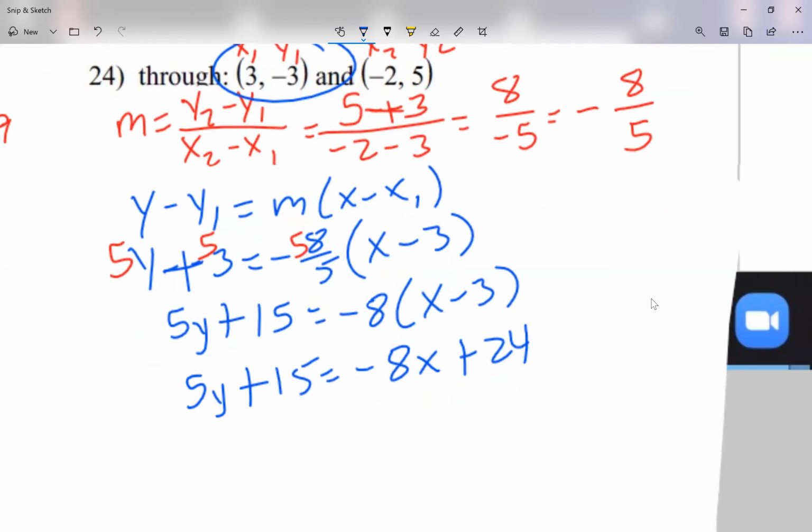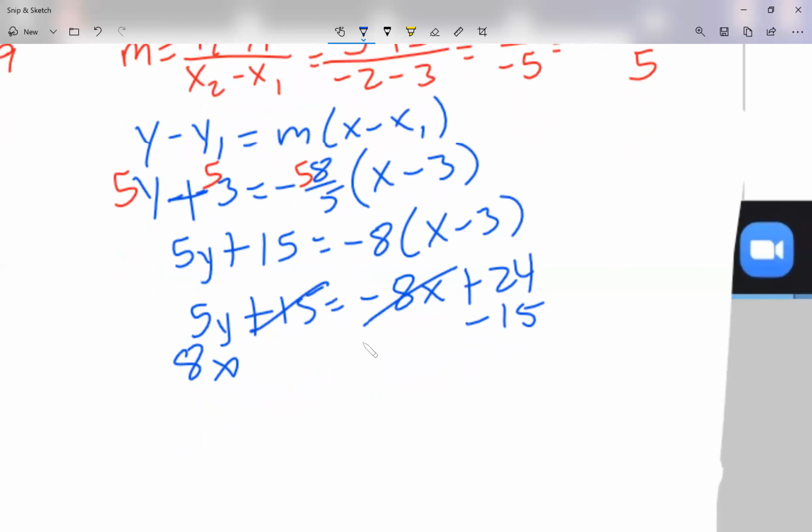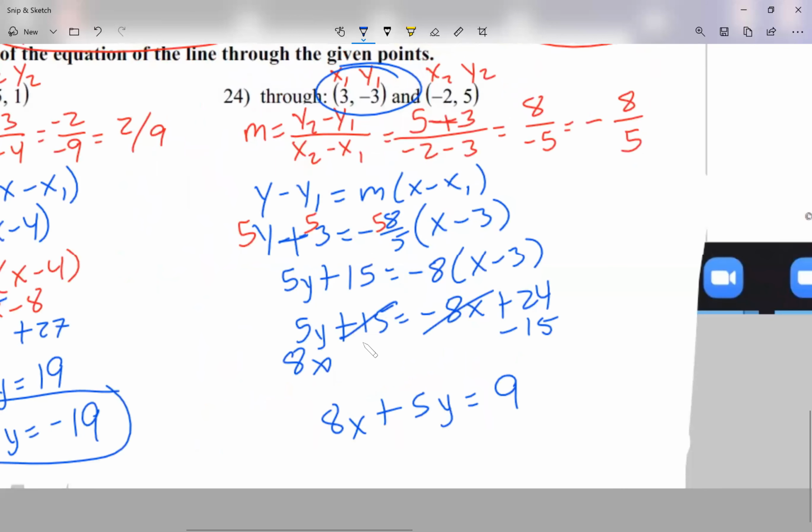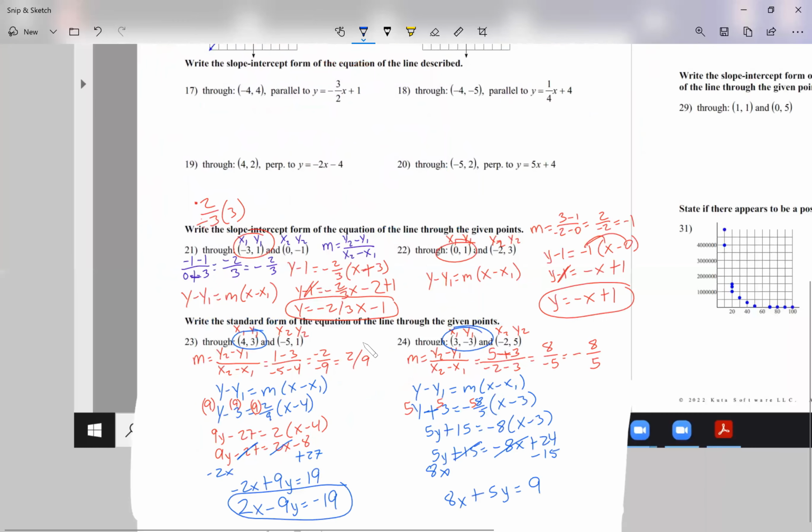The x has to come to the left, so positive 8x. There's letters on the left side. This plus 15 has to come to the other side as a minus 15. Don't forget to switch signs. So that gives me 8x plus 5y is equal to 9. X and y are both on the left side. I have no fractions, and the x does not start with a negative. Let me zoom out. That way you guys can take a look. And there you go.